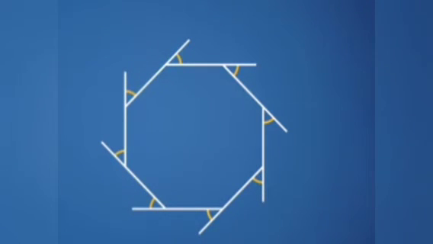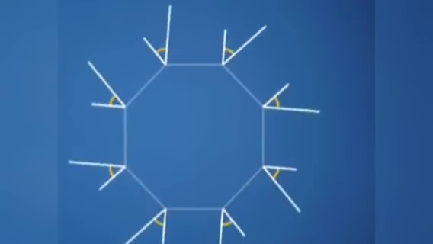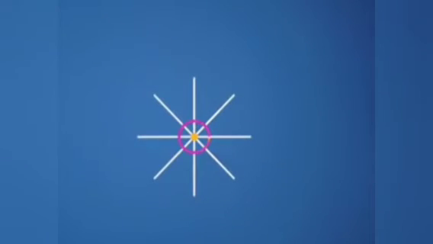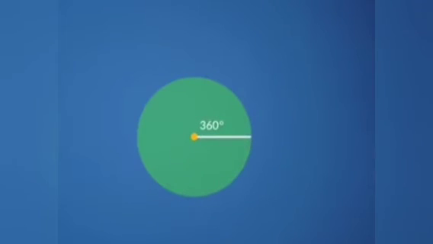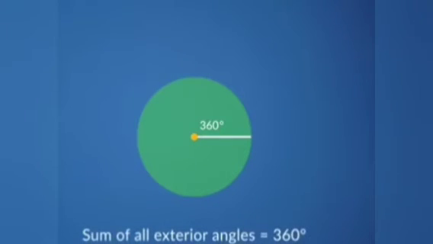So if we take a step back and think about this for a moment, all of these turns add up to one full rotation. And the full rotation is the same as a full cycle, which is 360 degrees. So it makes sense then that the sum of exterior angles of a polygon is equal to 360 degrees.